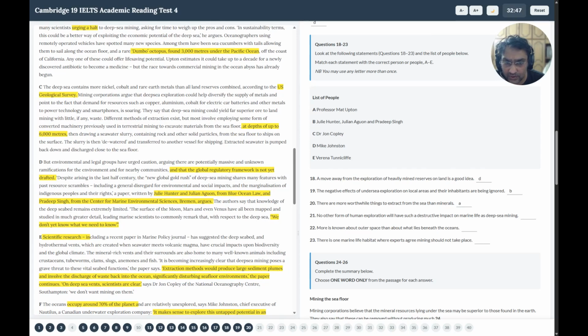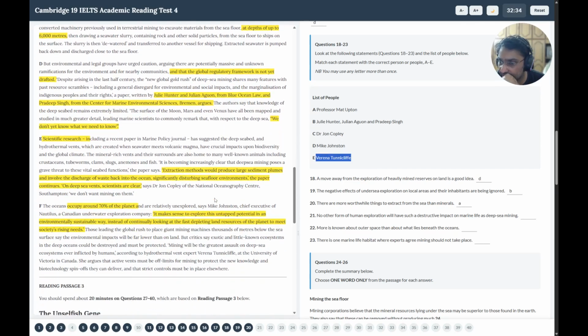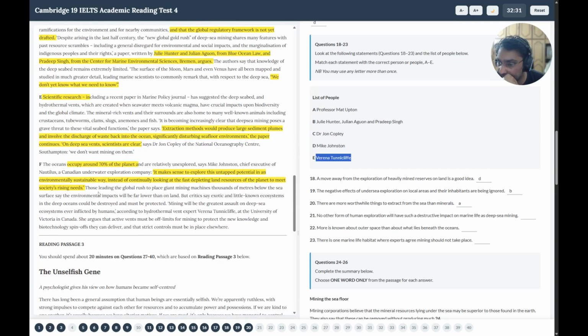No other form of human action would have a destructive impact. By the way, we haven't said anything about Verena Tunnicliffe. We need to see who's Verena. Where is Verena? Okay.